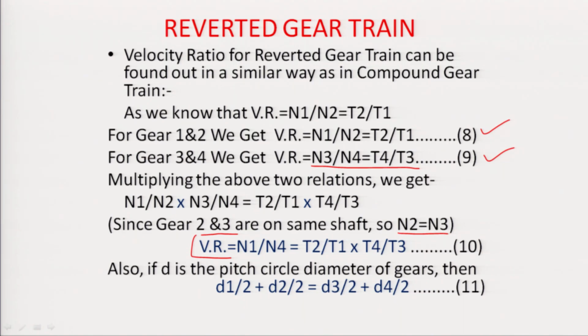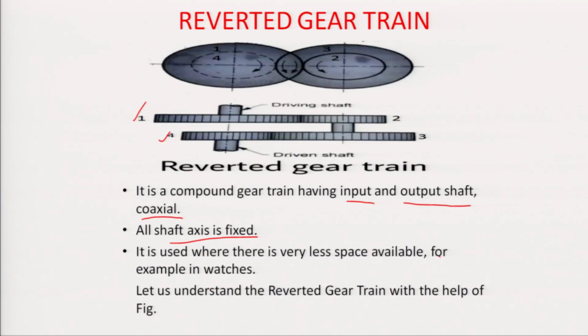And in the reverted gear train, we can also find one more relation. Let us see the figure of the reverted gear train. In this reverted gear train, we can observe that the radius of gear 1 plus the radius of gear 2 will be equal to the radius of gear 3 plus the radius of gear 4.